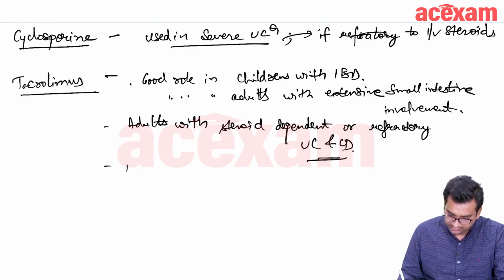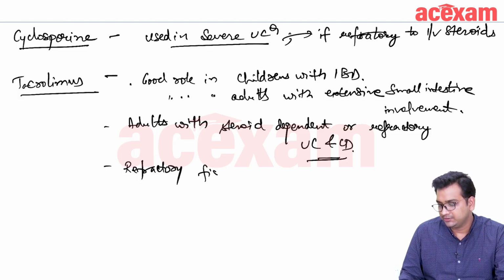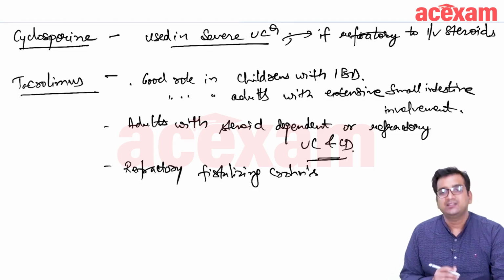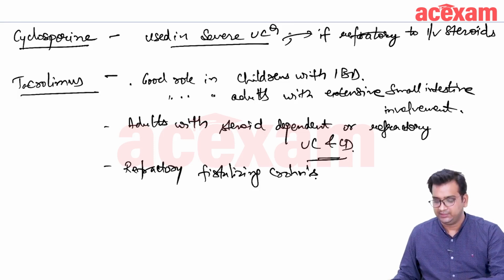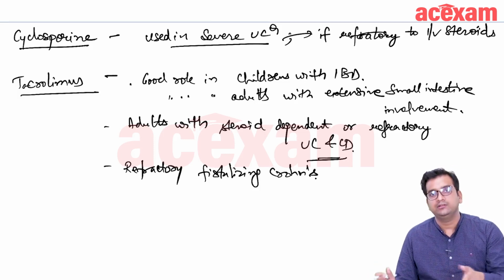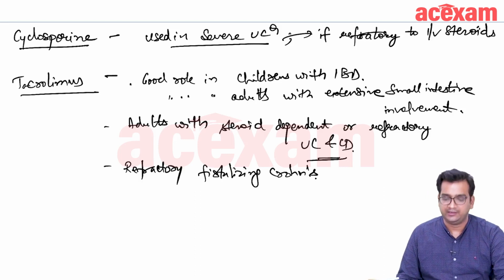It is also used in refractory fistulizing Crohn's disease. You can see here that cyclosporine is mainly used for severe ulcerative colitis and tacrolimus is mainly used for severe or refractory Crohn's disease here. It is also having a role in steroid dependent or refractory ulcerative colitis.